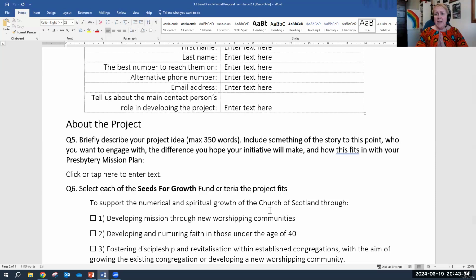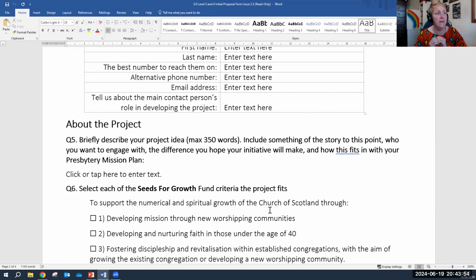Now, another key thing about funding applications is people can be a bit sneaky and amalgamate lots of mini questions into one question. And we've done that here. As the person that's applying, try and answer specifically every single part of that.